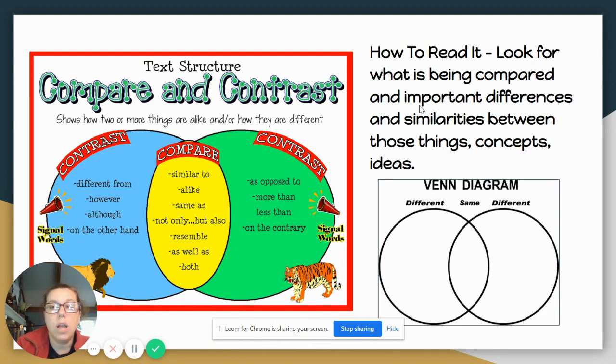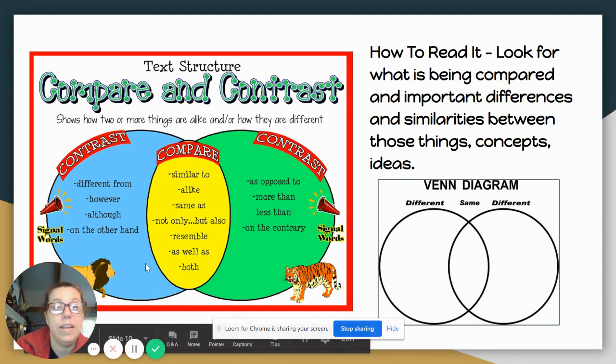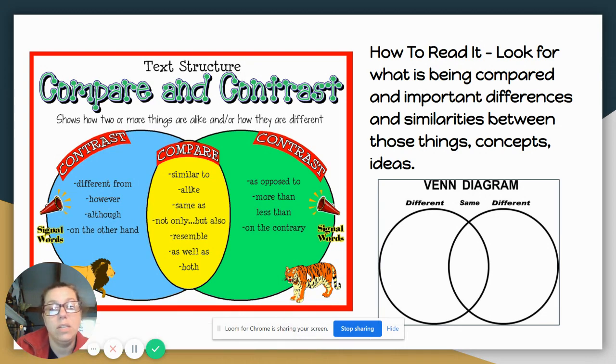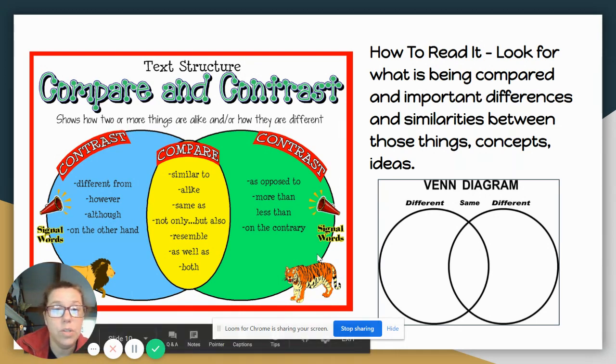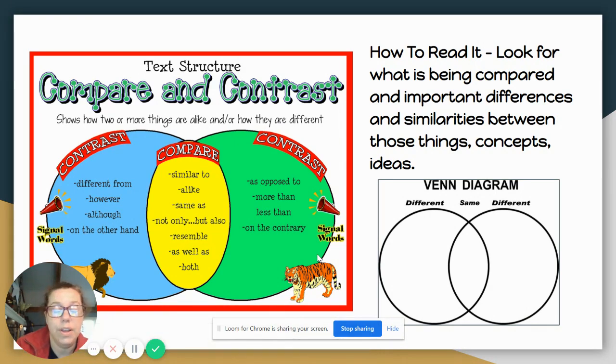You're going to look for important differences and similarities, so how they are the same. And you're just going to want to keep in mind there might not be a lot of one. So there might be a lot of comparing and not so much contrasting. Or it could just be a paragraph all on how they're different or all on how they are alike.